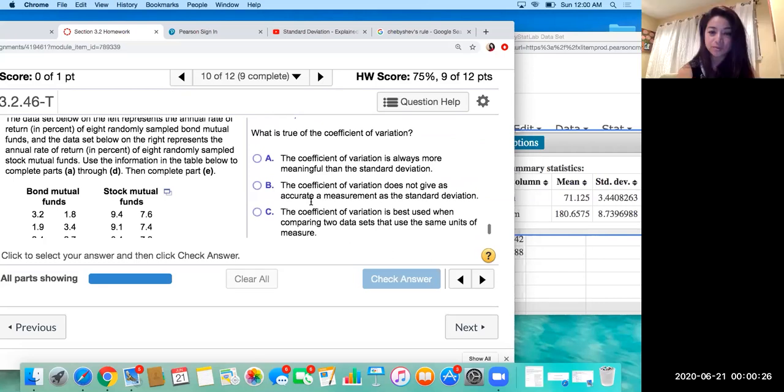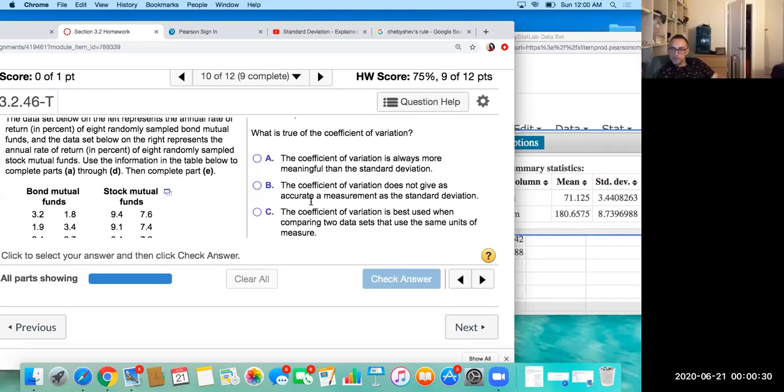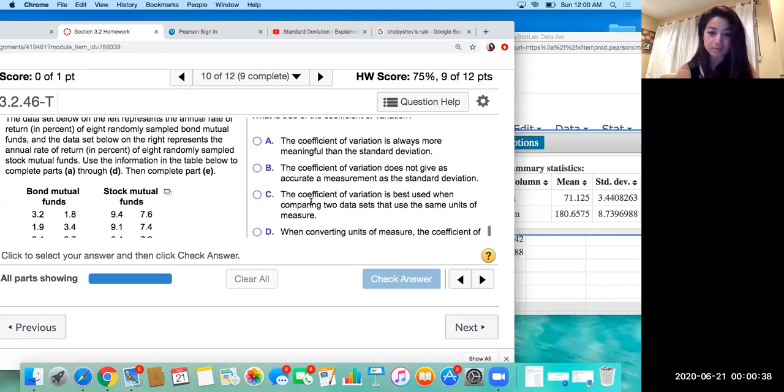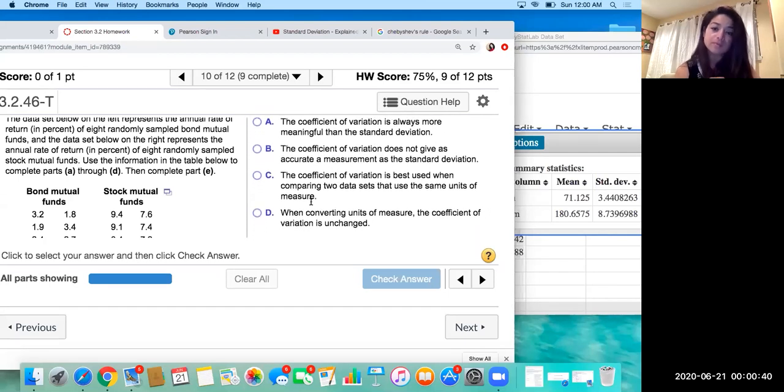The true coefficient of variation is always more meaningful than the standard deviation. Coefficient of variation does not give us accurate measurements. Coefficient of variation is best used when comparing two sets. To measure the coefficient of variation is unchanged.